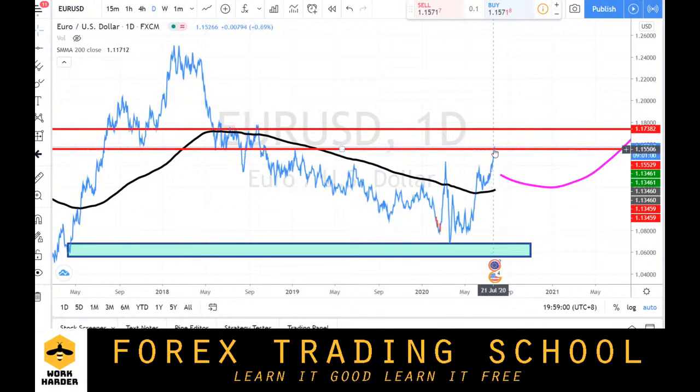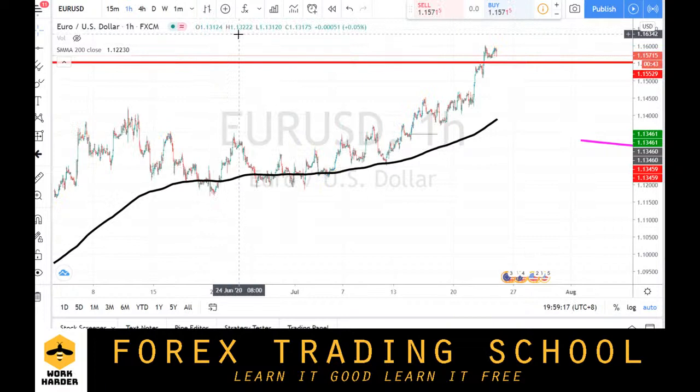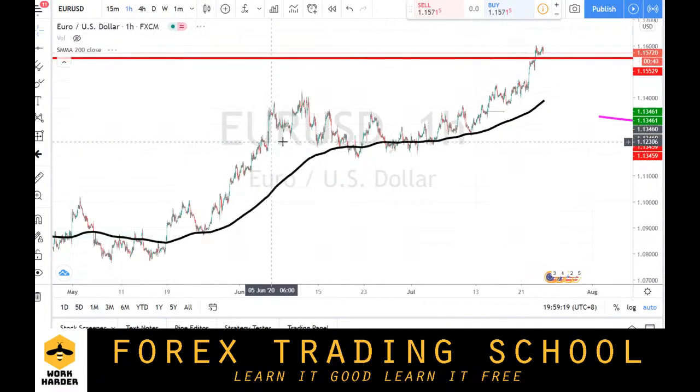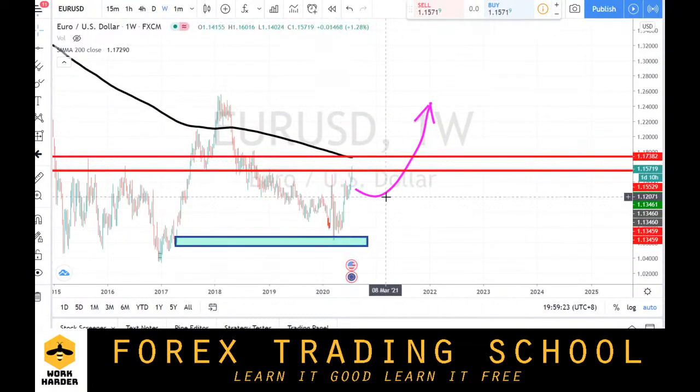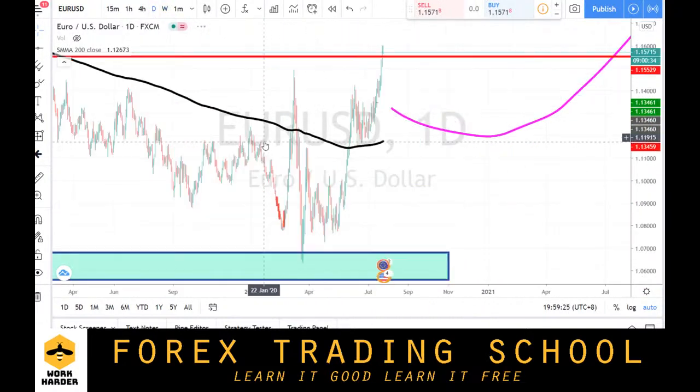If this point is taken out clearly, we would move 200 pips to 1.173, 200 pips profit. But we are not taking it here because it's relatively high. So where should we take it? Very simple. Go into the 4 hour. As you have seen, we did our analysis on the daily time frame over here.